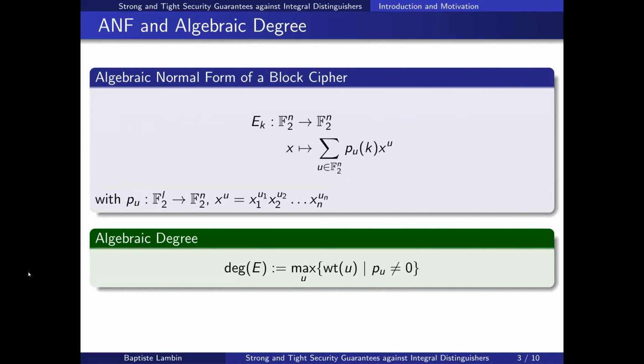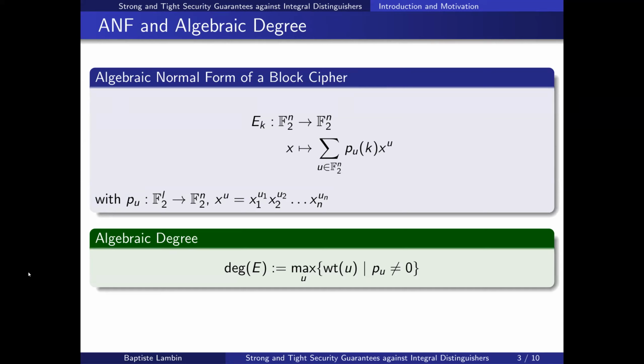So let's take a look at the ANF of our block cipher. It's a way to represent a block cipher as a keyed Boolean function, as a sum of some vector of polynomials p_u, which depend on the key, times some monomials x^u. Using this ANF, we can define the algebraic degree, which is the maximum of all Hamming weights of u such that p_u is not zero, basically just the highest degree of any monomial x^u in the ANF.